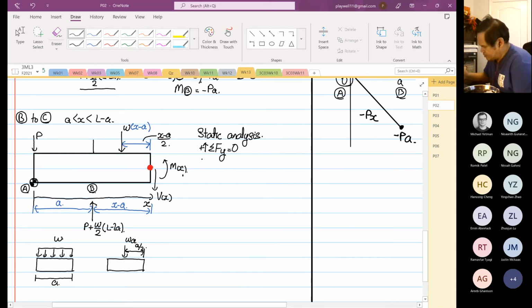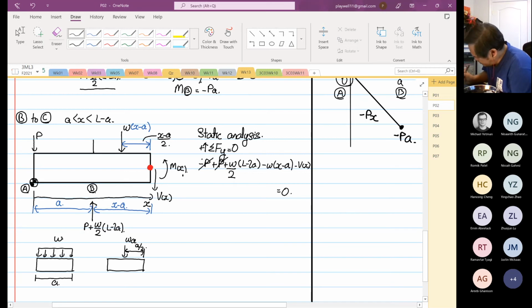So you have minus P plus P plus omega over 2 L minus 2A. Then minus omega x minus a, minus V as a function of x. The whole thing will be equal to 0. So you can get rid of this. You can get rid of this.